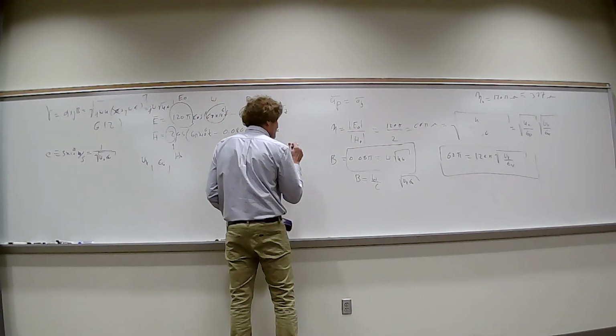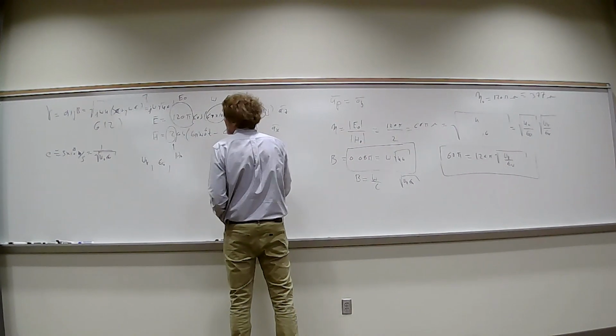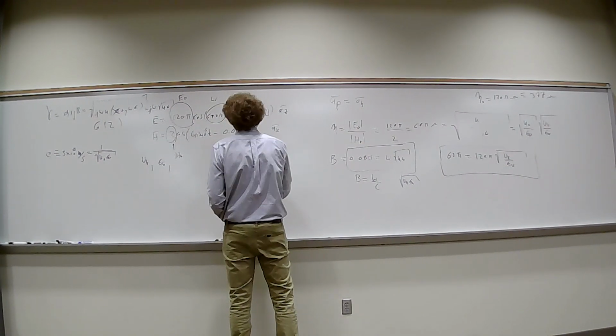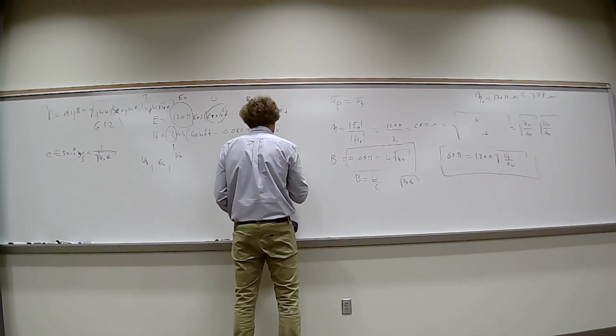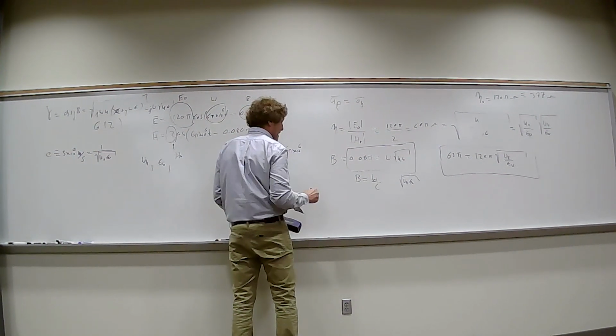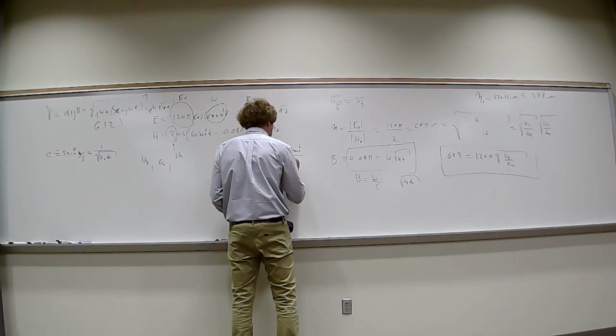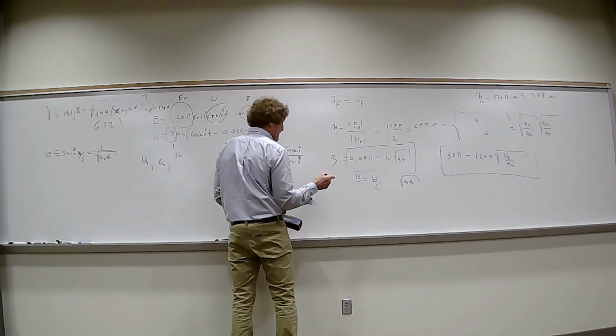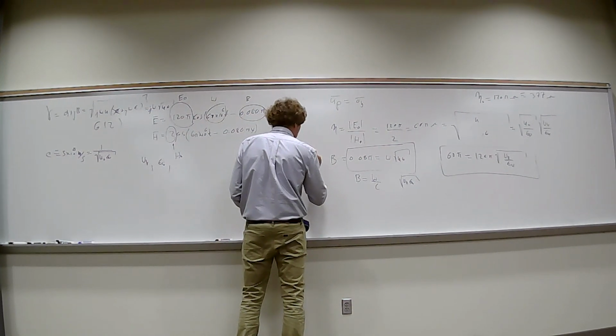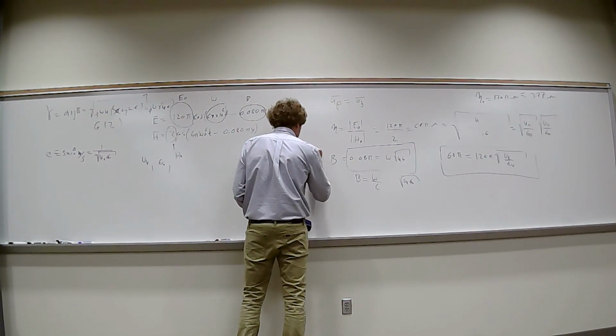That's equal to omega, 6 pi times 10 to the 6, divided by c, which is 3 times 10 to the 8th, and then times the square root of mu relative epsilon relative.